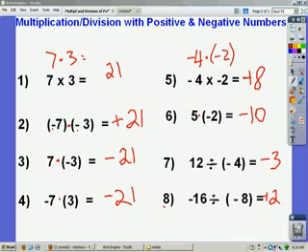Alright, example number 5. Negative 4 times, and I use the x in this particular case. Again, I can rewrite this as times negative 2. And I could also put parentheses. Sometimes it's a good idea to put parentheses around the negative sign for emphasis.